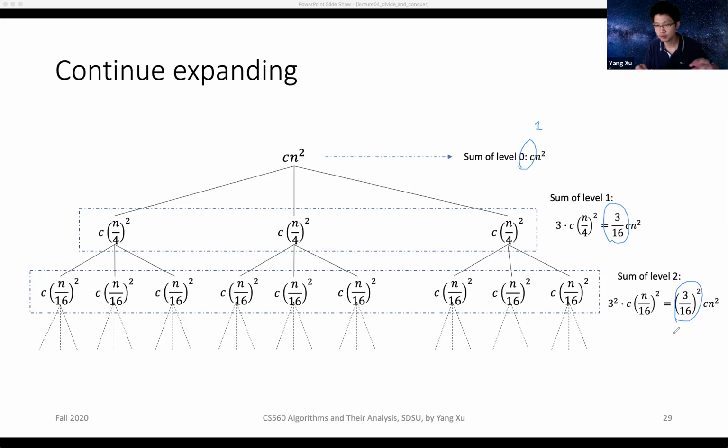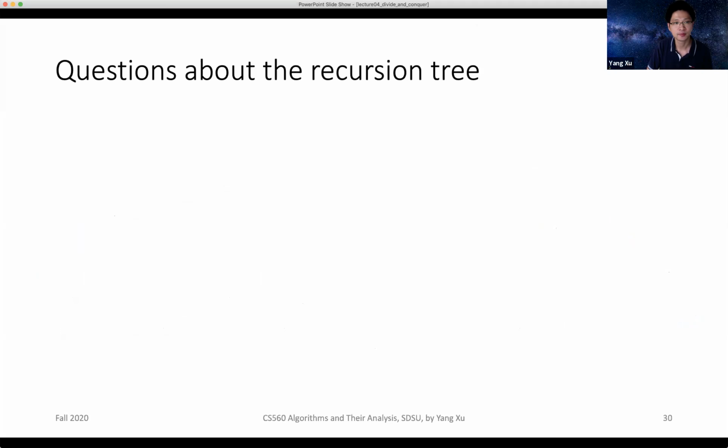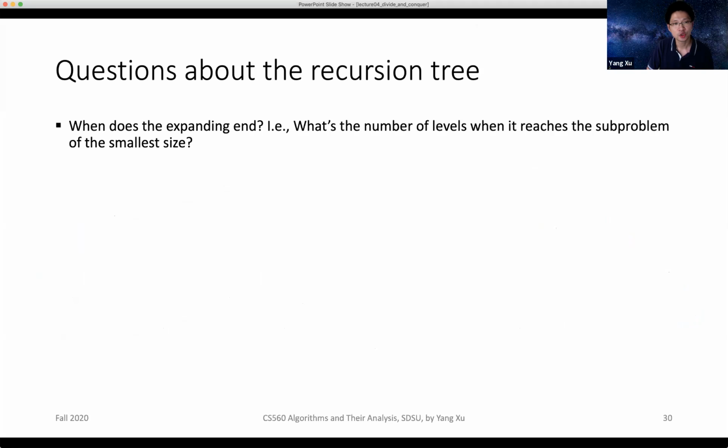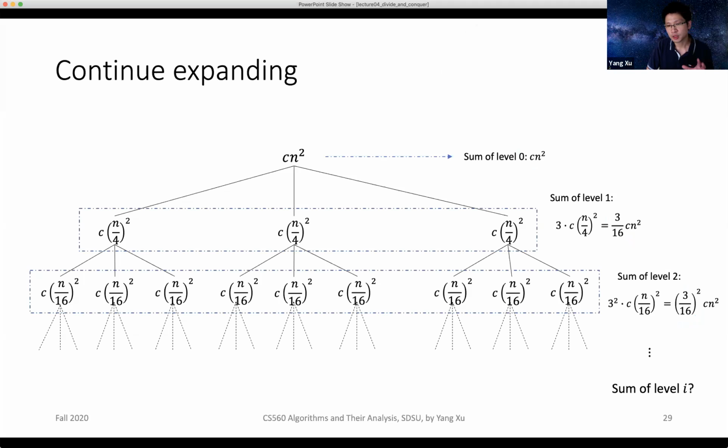After we know the per level summation, we're going to sum up all the levels and hopefully see something like a geometric series, whose summation can be calculated. That is something we are looking for. So in the next few slides, we're going to check whether this is the geometric case. We want to know the general expression for level i.